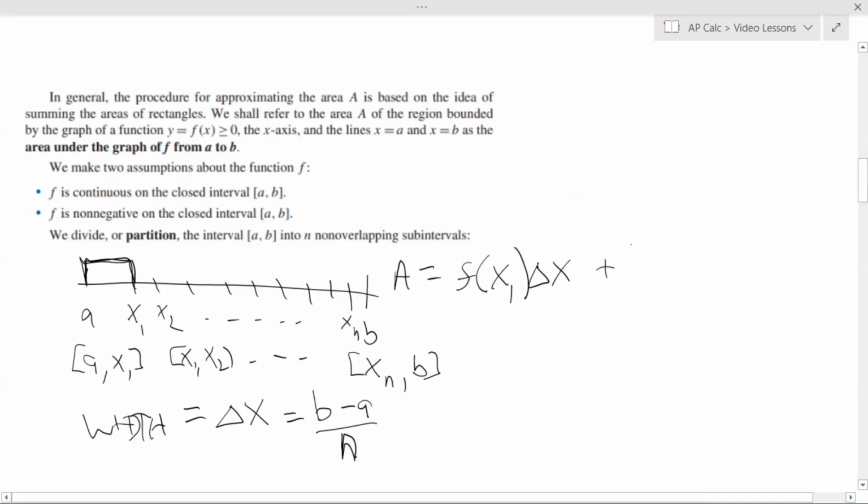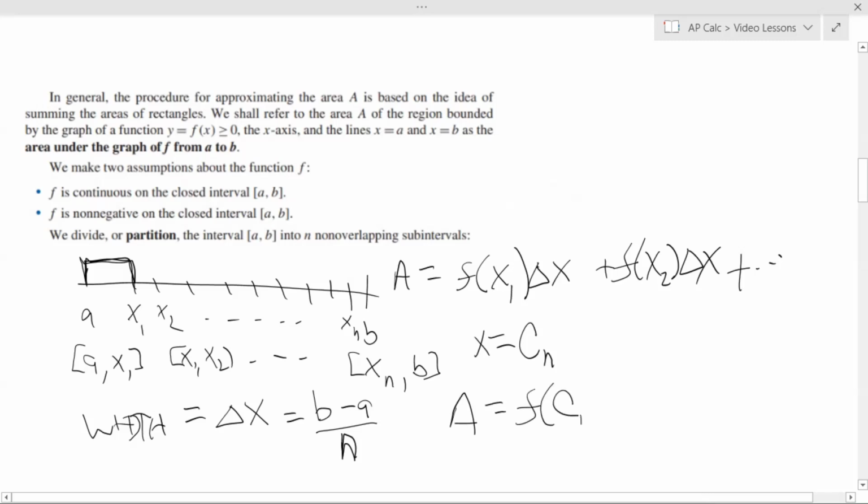The next rectangle would be f of x2 delta x, and so forth and so on. In general, if I let Cn be the right endpoint of whatever rectangle we're on, the area of the nth rectangle is going to be f of Cn times delta x.